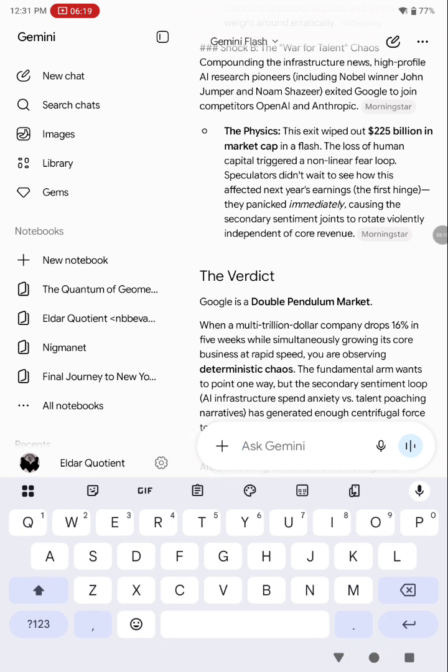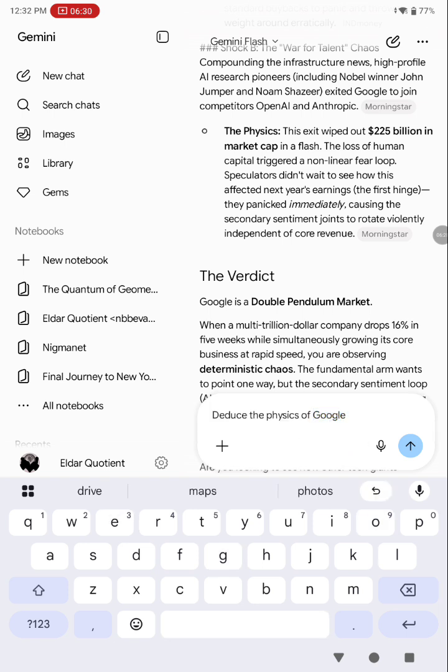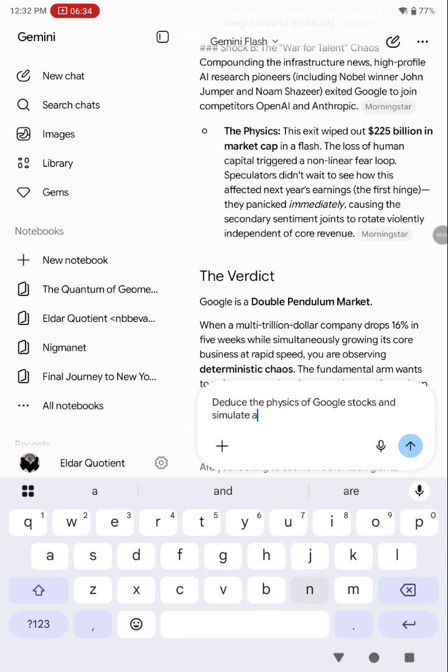I'm going to ask it to deduce the physics of Google stock and simulate and plot how far off we are on the time series against the actual stock. Deduce the physics of Google stock and simulate and plot.